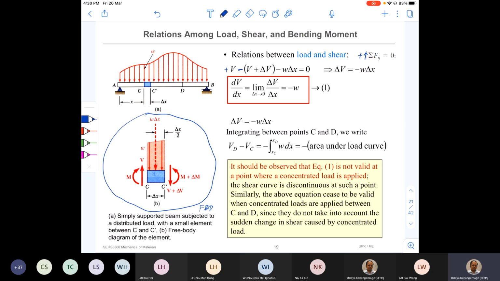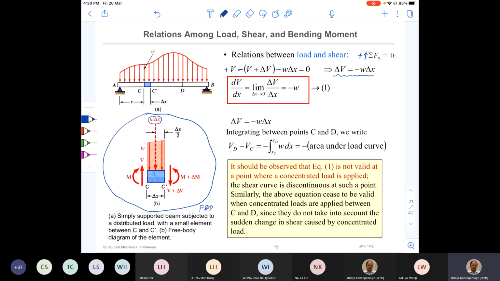And next we have W delta X, the equivalent concentrated load. It is also in the negative direction. Once you simplify, you get this equation. Delta V is equal to negative W delta X.